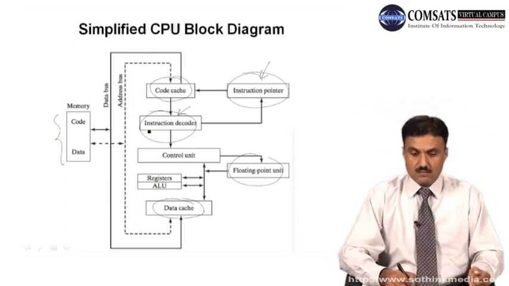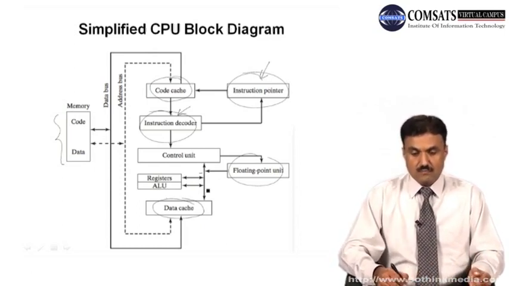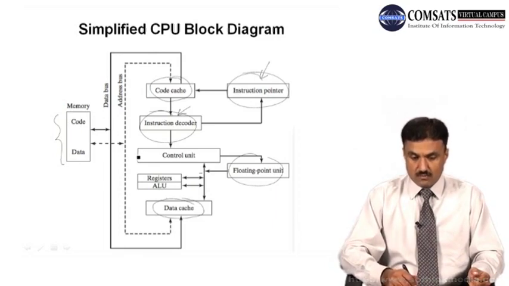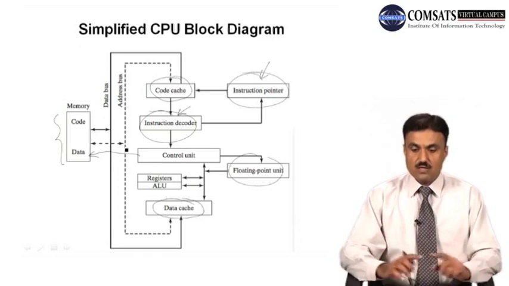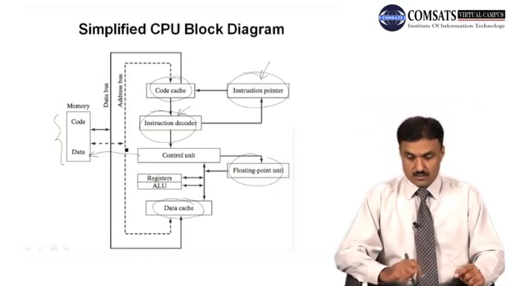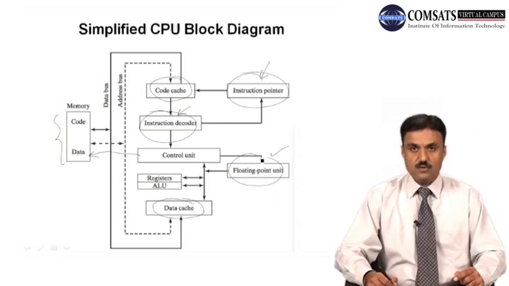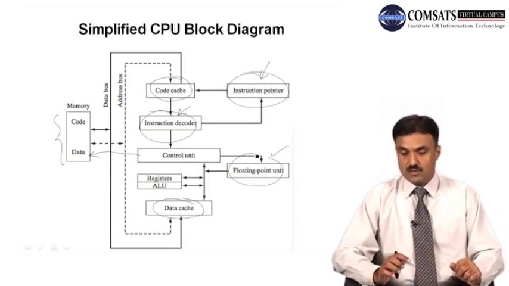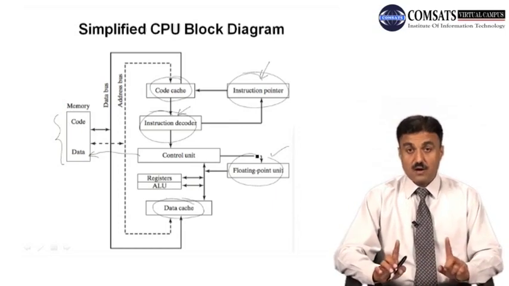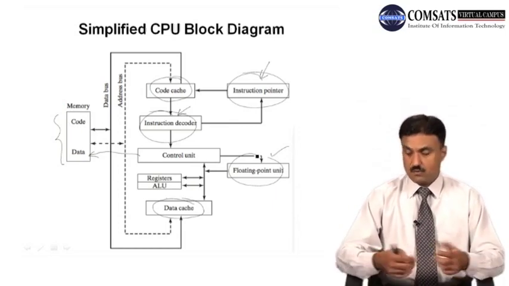Similarly, there should be control lines. They are not drawn here, but they should be there to synchronize all the components. And we have the floating point unit; if we perform any floating point operation, the floating point unit, part of this microprocessor, performs it.